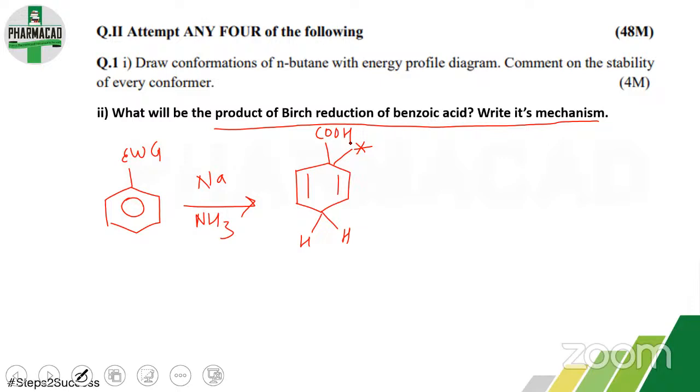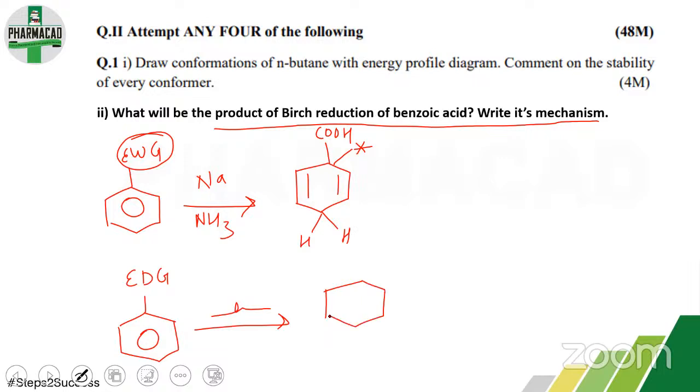Okay, remember when we are having an electron withdrawing group, that is our benzoic acid. But when we are having an electron donating group instead of withdrawing, after reduction we will get the reduction at which position?